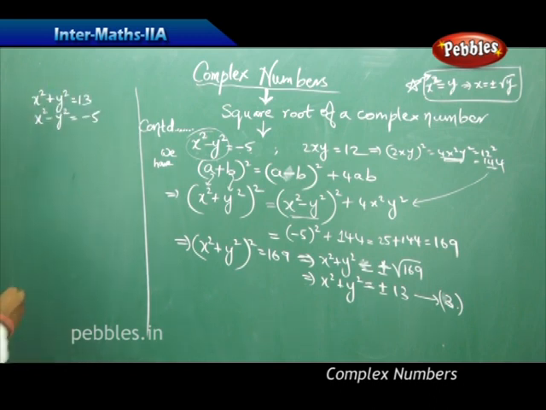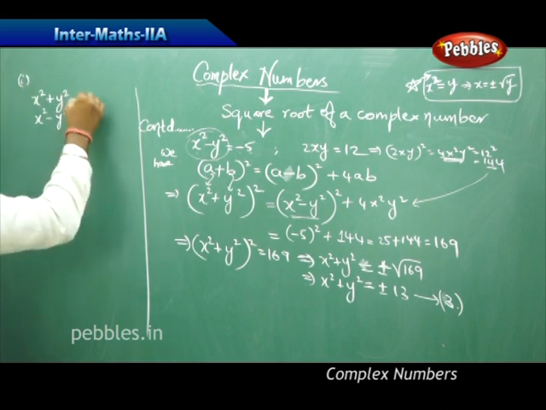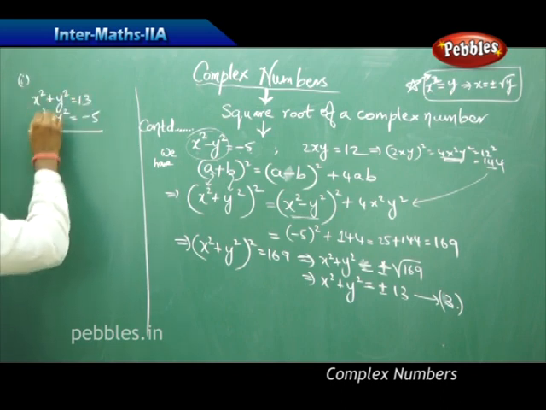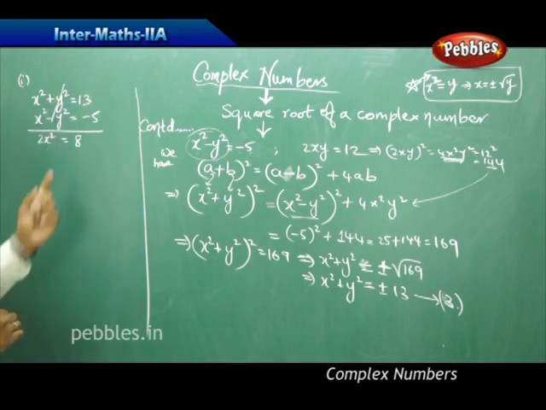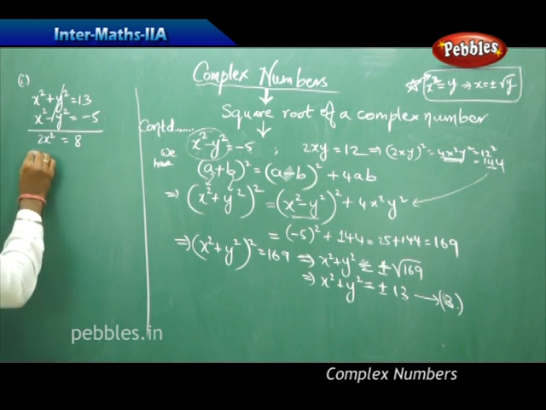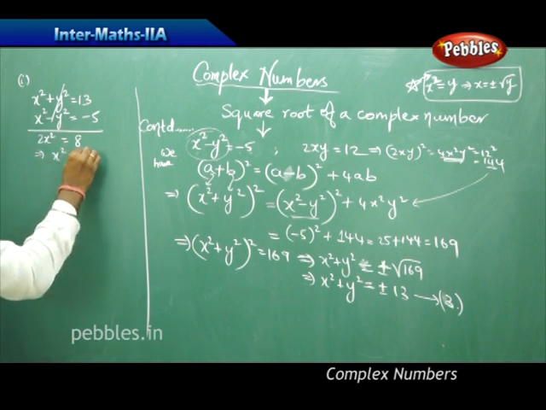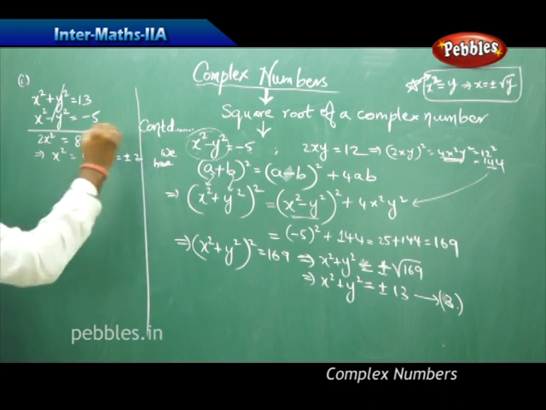In this first case of taking plus 13, I can add so that this gets simplified: 2x squared is 13 minus 5, which is 8, because when adding, this gets cancelled, and therefore I get x squared is 4. That implies x is plus or minus 2, which I get here.